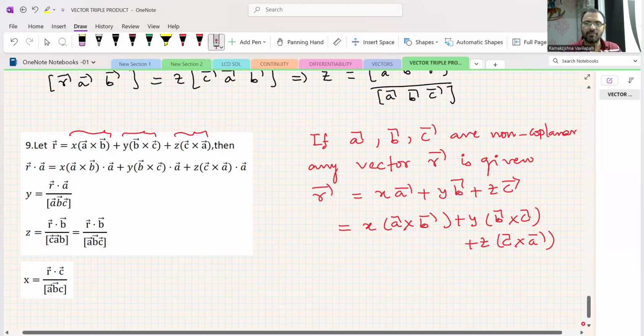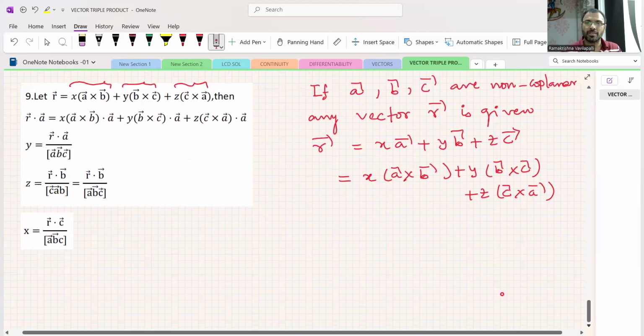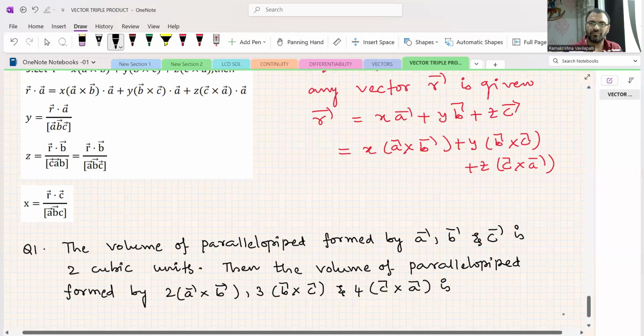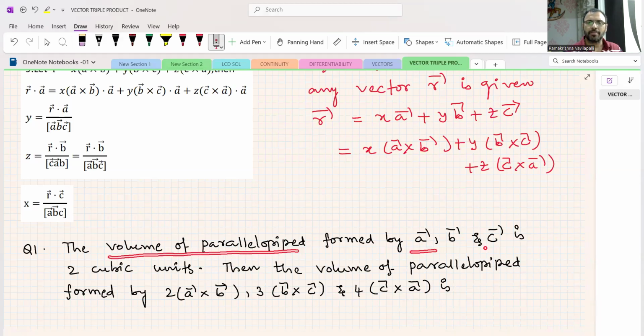Well, I will give one example of how to use that box ABC whole square. Here is a question. The volume of the parallelepiped formed by A bar, B bar, C bar is given as 2 cubic units.